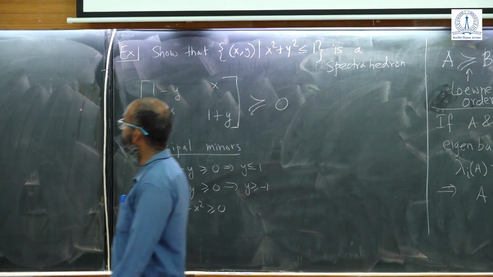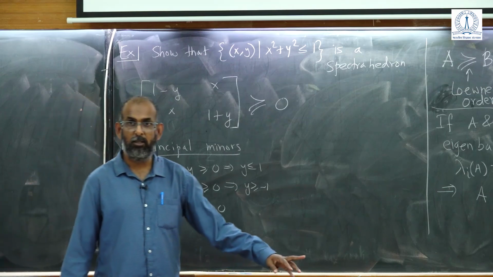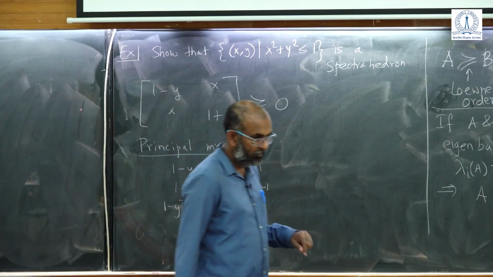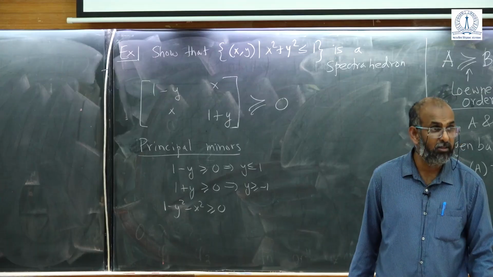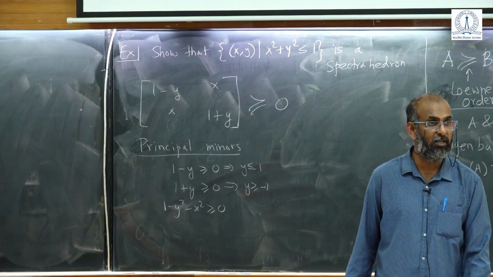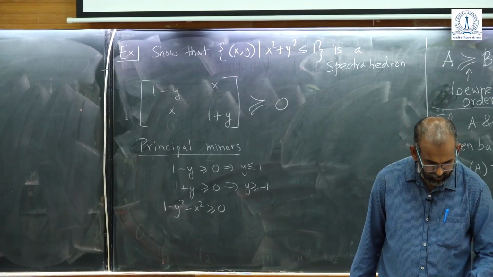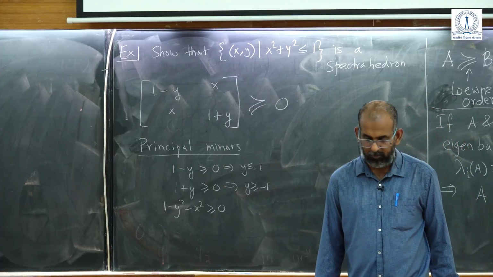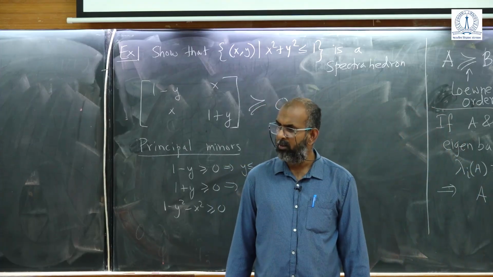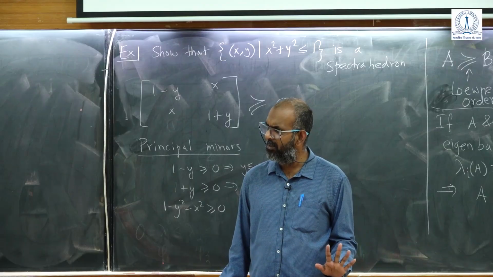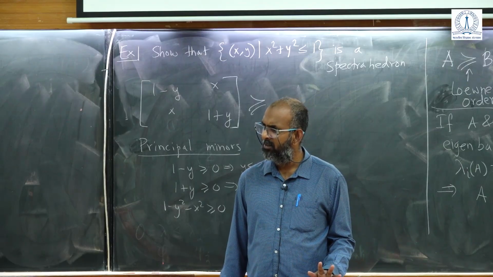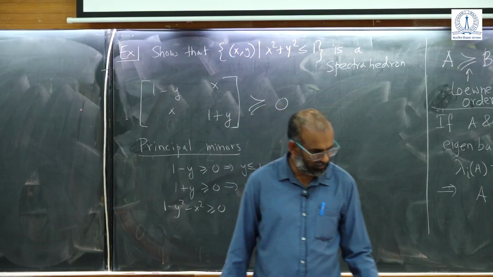Now shall we do the problems from day 4 of the exercise sheet? So the first thing is to argue that the feasible region of an SDP, is it the spectrahedron, are they the same thing? Yeah, it's a spectrahedron.